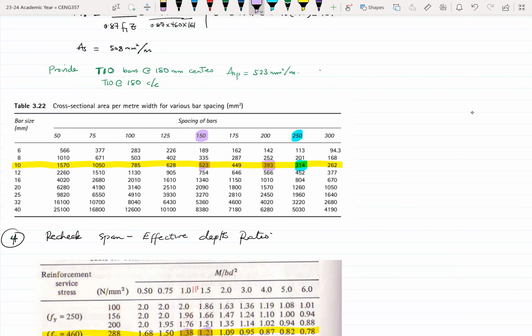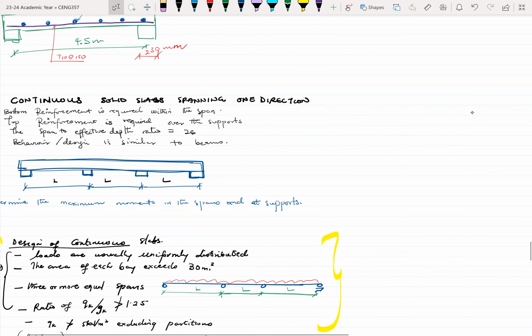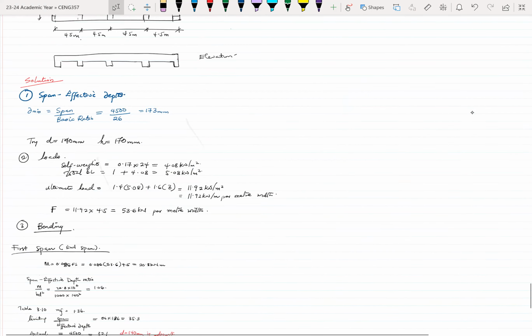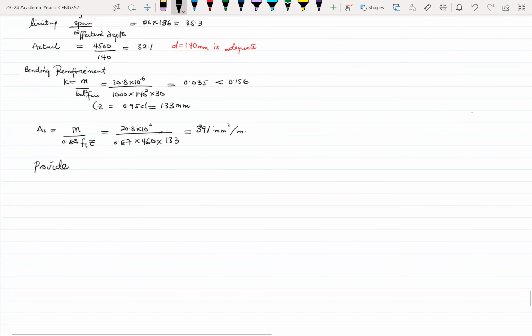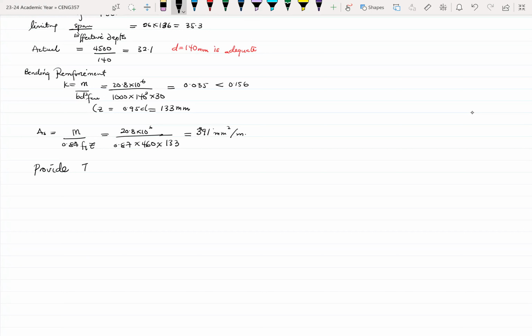So we can say provide T10 at 200 centers, where your As provided will be 393 millimeter squared per meter. All right, so that's how we do it.